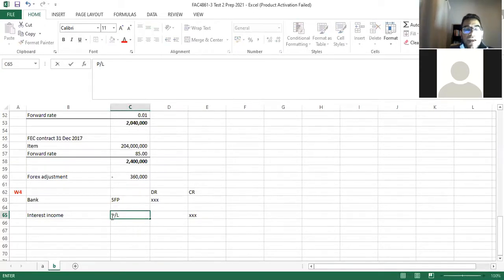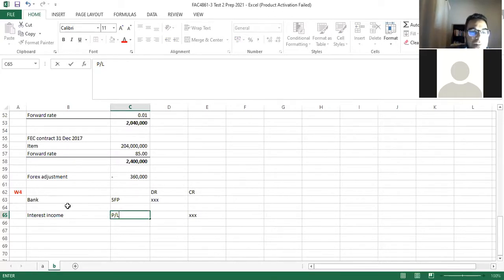Remember, the credit to interest income will be the present value at the beginning of the year. So in this case, fair value or your amortized cost amount, but it's at initial recognition, it is fair value. So it is the present value multiplied by the effective interest rate multiplied by time. In this case, it's 12 over 12. This is a full financial year.